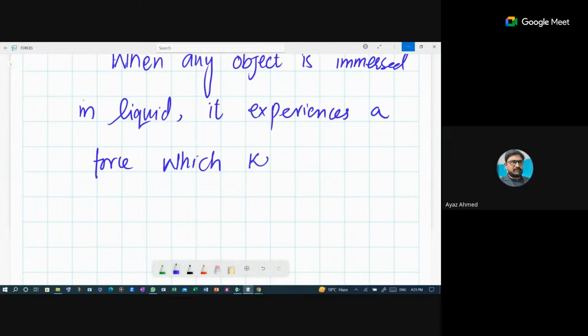This is basically the supporting force from nature, which tries to keep the body floating.